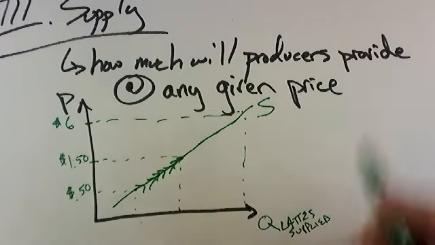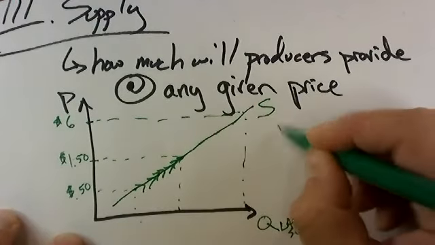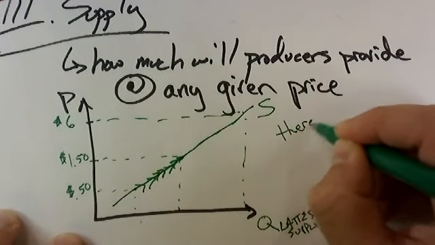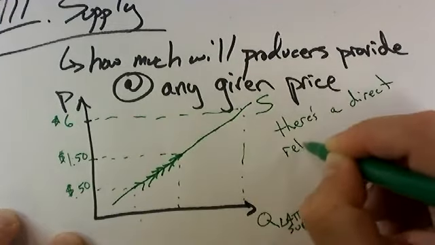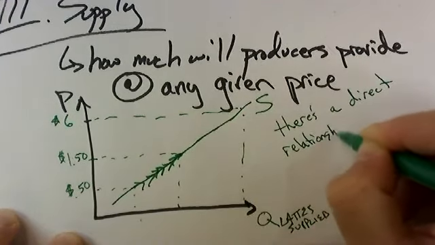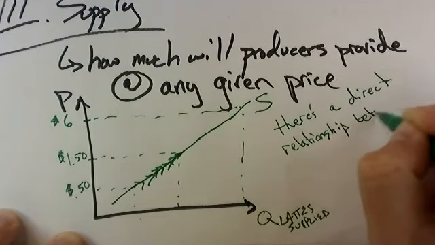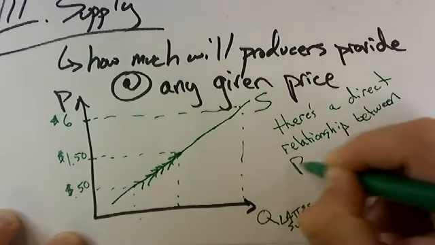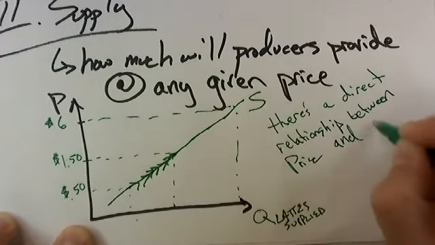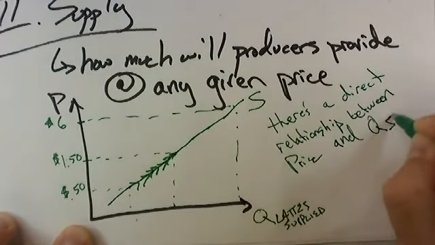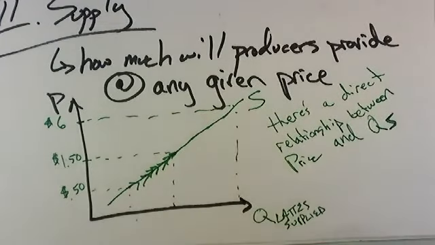The other way to think about it, if that's hard, is that there's a direct relationship between price and quantity supplied. As the price increases, quantity supplied increases. As the quantity supplied increases, it's because the expected price increases.